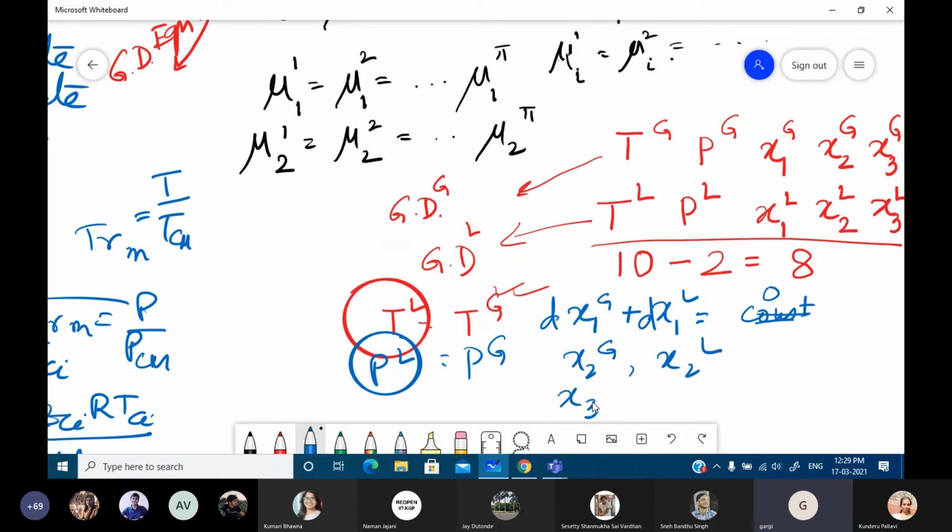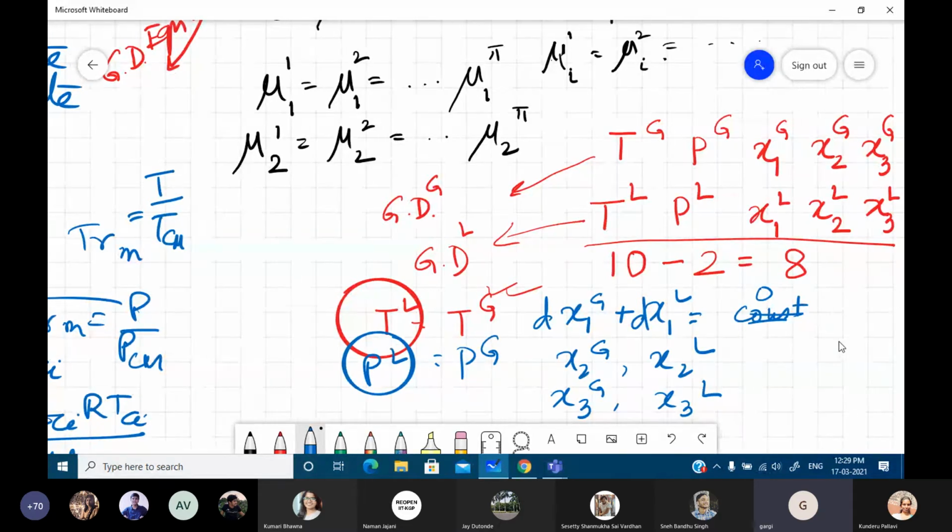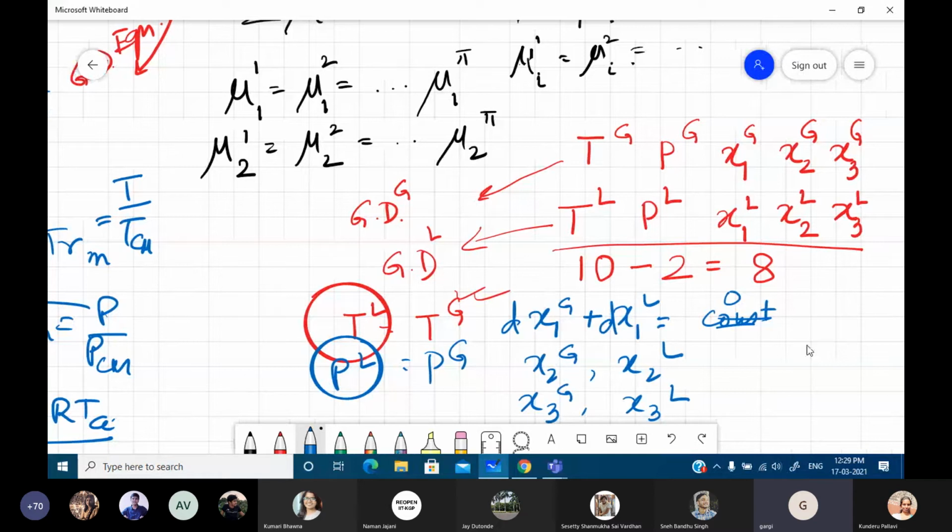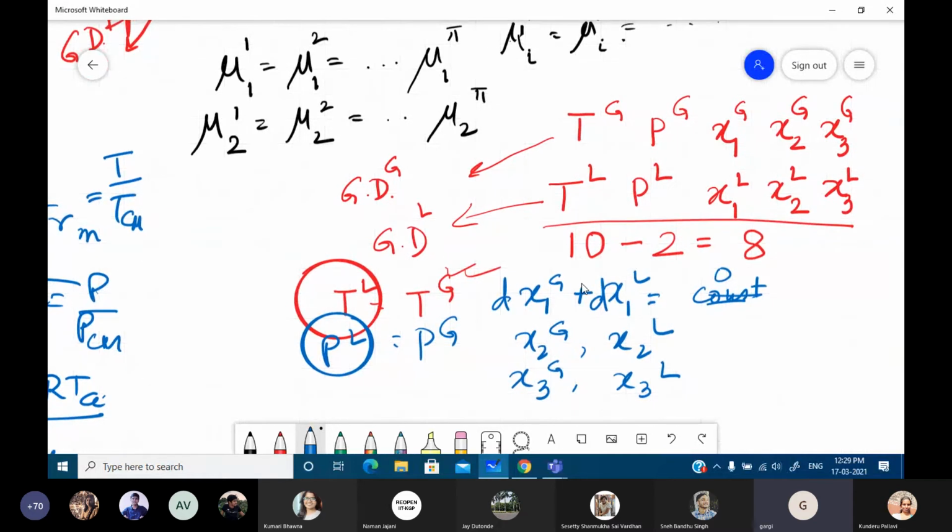There is another equation which connects X3 gas and X3 liquid. So in all, we find that out of these 8 total variables, there are 5 equations which are connecting these, right? 5 equations, because equality of temperature guarantees 1, equality of pressure guarantees 1, and equality of each of the components, since it is a 3 component system, guarantees 3.